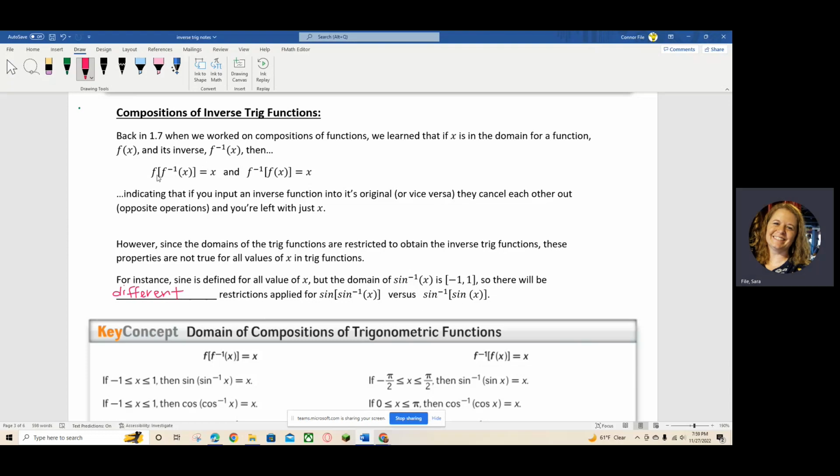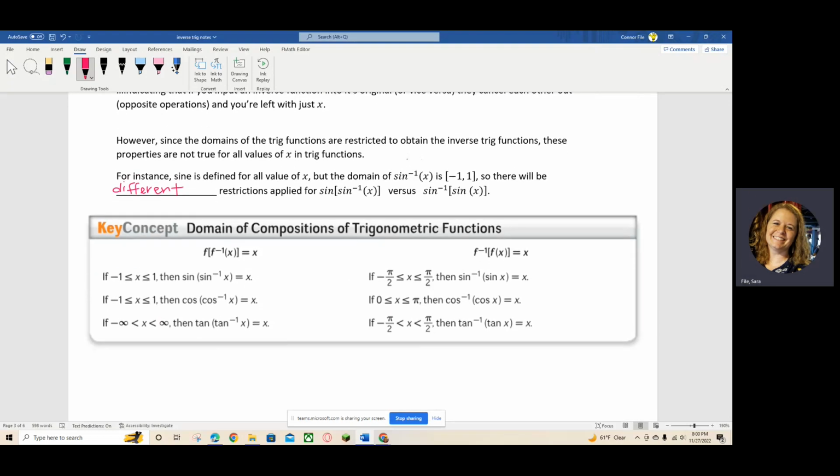So up here in the previous functions, it didn't matter which one was inside or outside, which one was the input, or which one was the outer function. Okay, but with the trig functions, because the domain is different, it will be slightly different. Okay, there's going to be different restrictions. So that's what this key concept box here is telling us.